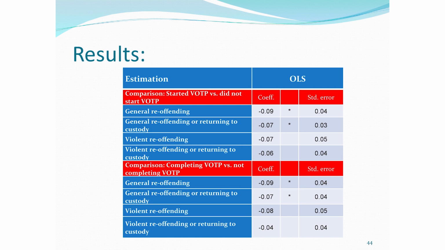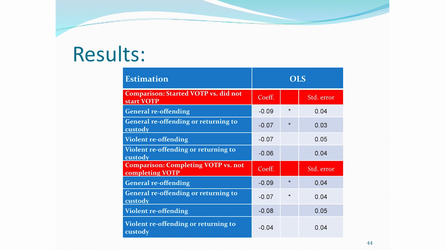So when we compared the starting VOTP with those who didn't start, we got a significant reduction, a 9% reduction in general reoffending, and we got a 7% reduction in general reoffending or returning to custody. We didn't get a significant reduction for the violent, but it was heading in the right direction. And it's important to bear in mind that, if you're not familiar with the rehabilitation literature, you don't normally get spectacular effects even outside the DV context.